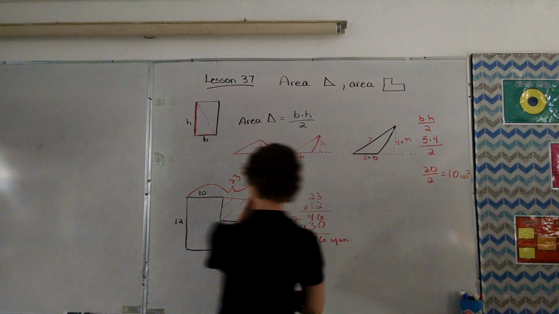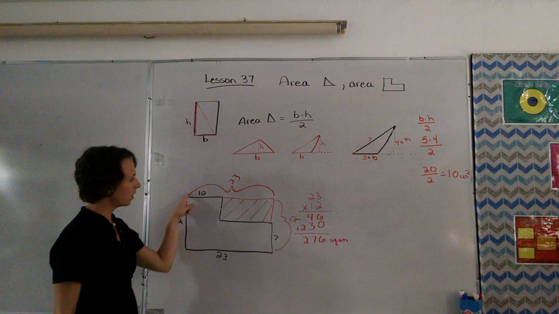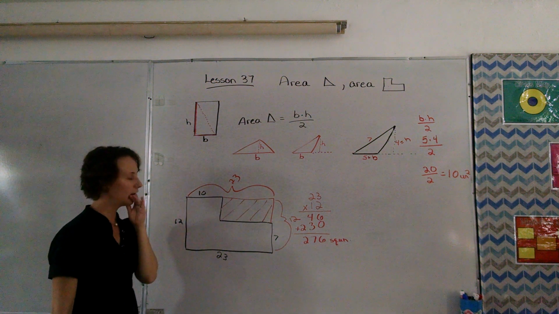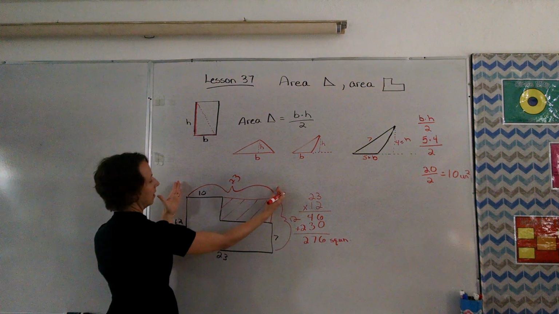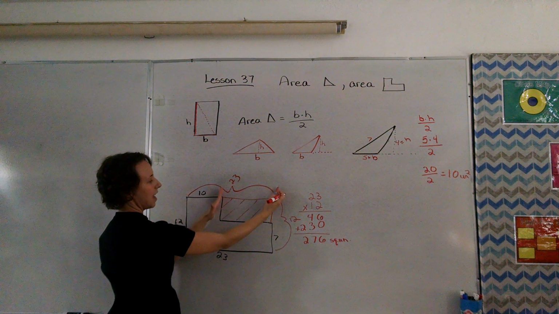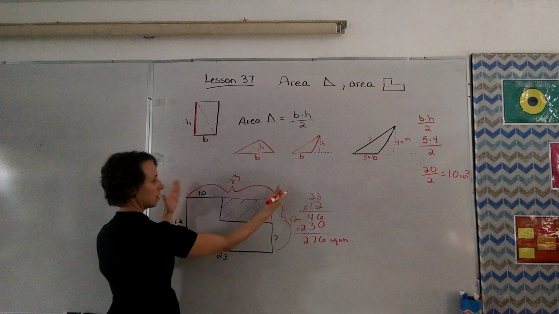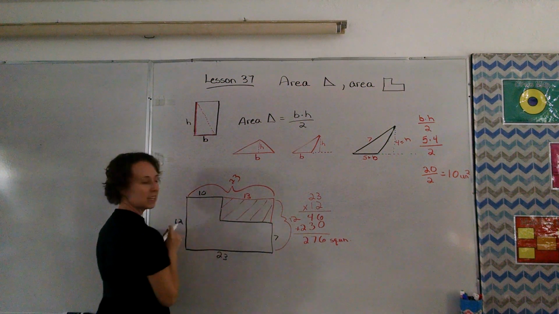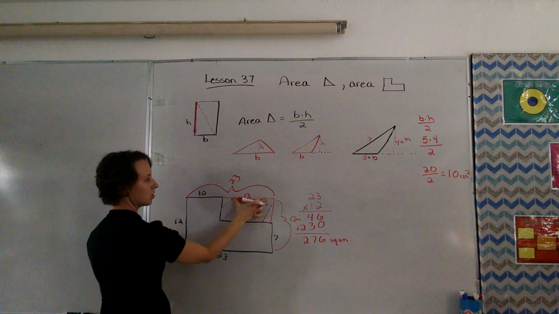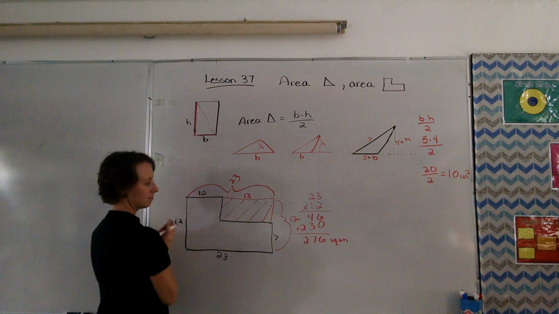This piece, it's not the full 23 long, it stops here. Wait a second. If this whole thing is 23, and this piece is 10, what's left? 23 minus the 10 means this piece must be 13. 10 plus 13 more gives me the whole 23.